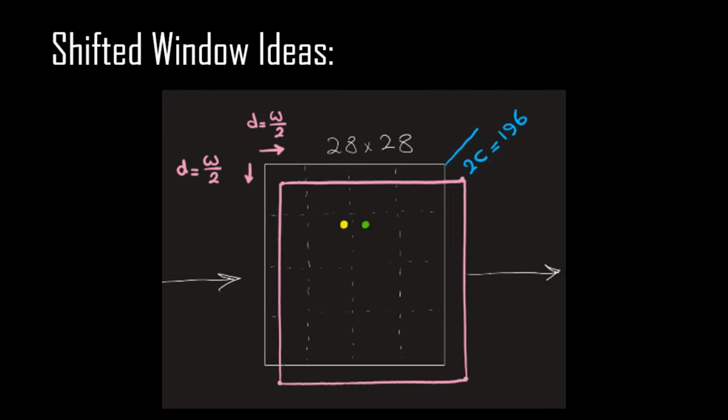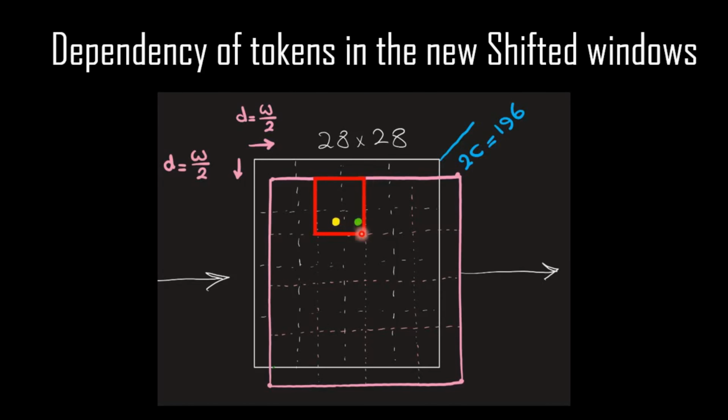To address this challenge, they provided an idea called shifted window, where they shift all of the windows at the same time to the right and down by half of the window size. For example, here, if window size is 7, I'm going to shift everything 3 pixels to the right, 3 pixels down. Okay? And if we do that, in the new shifted window, these two tokens now fall inside this new window and they have a relationship with each other.